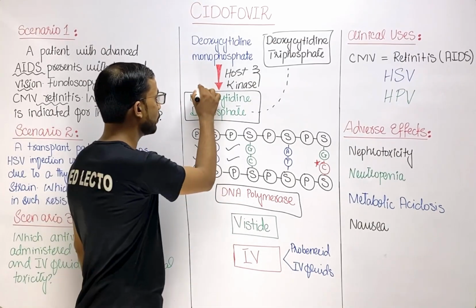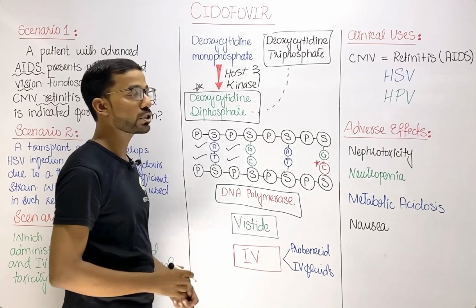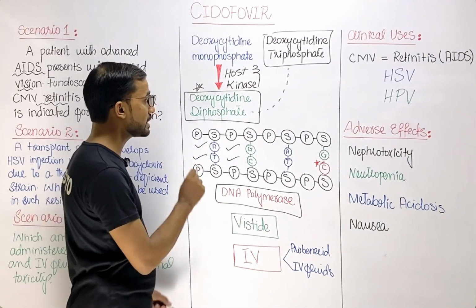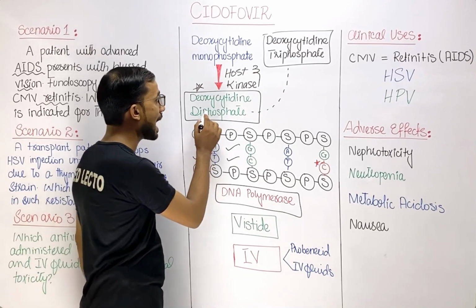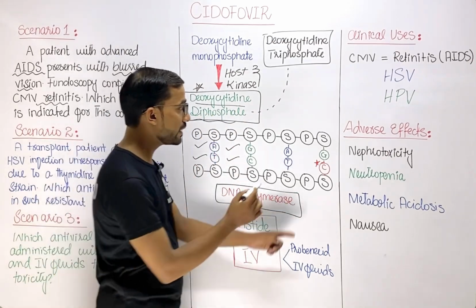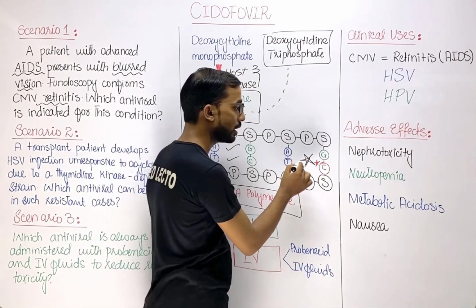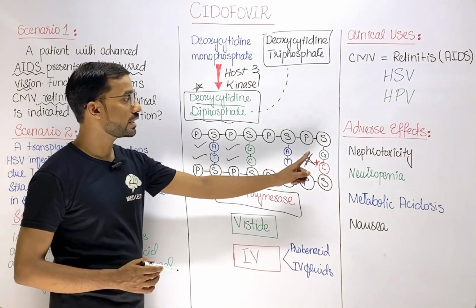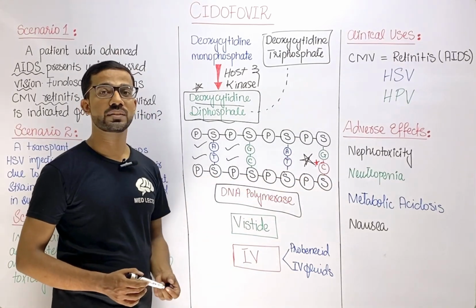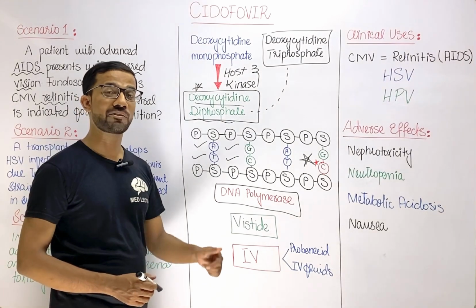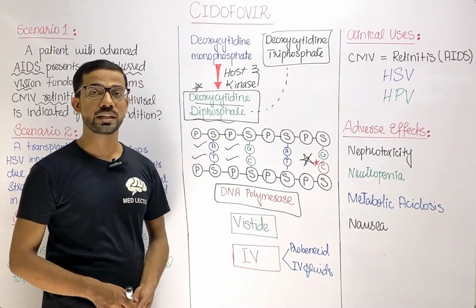It can bind with deoxycytidine diphosphate or deoxycytidine triphosphate. If this enzyme adds the deoxycytidine diphosphate, which is the drug, in the synthesis of DNA, then ultimately you will see termination of DNA synthesis, and there will be no synthesis of DNA after adding the drug.